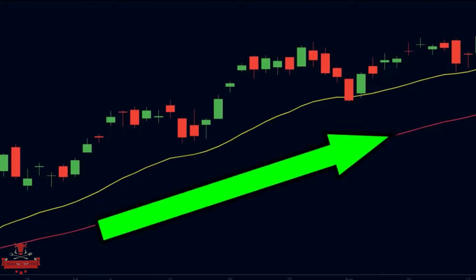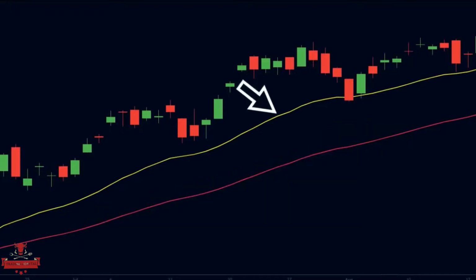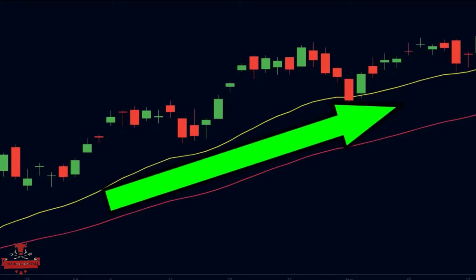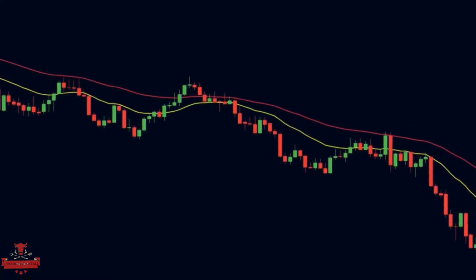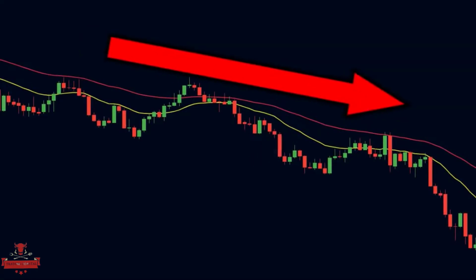Now, in an uptrend, we see that the 21 EMA is above the 50 EMA. And both the moving averages are sloped upwards. And in a downtrend, we see that the 21 EMA is below the 50 EMA. And the EMAs are sloped downwards.